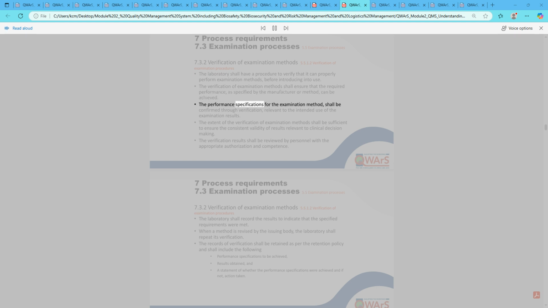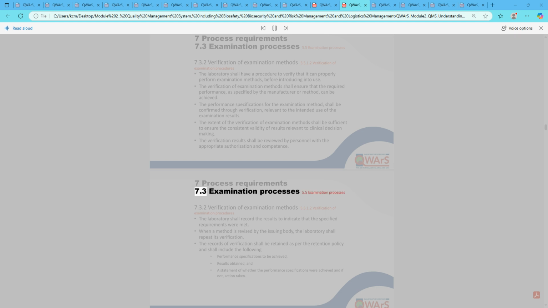The performance specifications for the examination method shall be confirmed through verification relevant to the intended use of the examination results. The extent of the verification of examination methods shall be sufficient to ensure the consistent validity of results relevant to clinical decision-making. The verification results shall be reviewed by personnel with the appropriate authorization and competence.